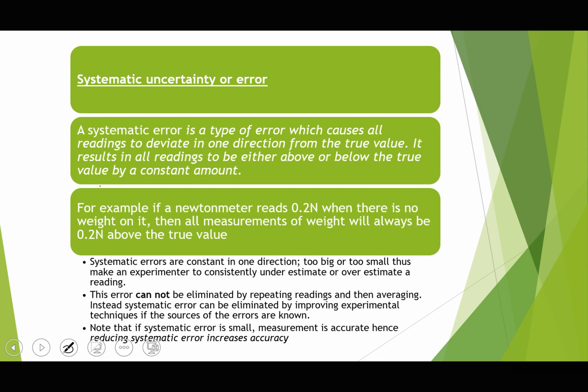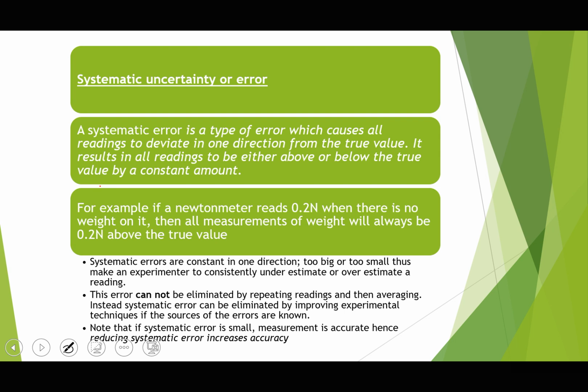So to begin with, let's begin with the systematic error. And remember I said the word error does not mean that there is a mistake. So a systematic error is that type of error which will make all the readings to deviate in one direction from the true value. In fact, it will make all readings to either be above or below the true value by a constant amount.